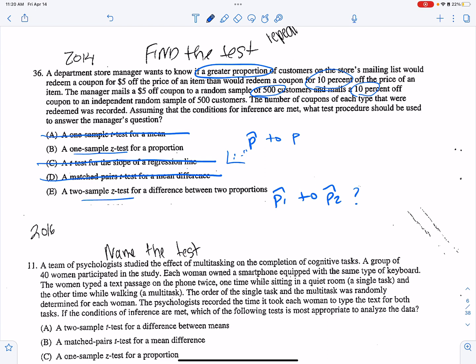Okay, so I'm trying to find out how much is different if they're going to be shopping since I have, this says, two separate aspects of 500 customers. The manager mails 500 customers to mail 10% off to an independent random samples. And that's the main thing right here, independent random sample. So I wasn't reading it well, that these actually are two separate sets of 500 customers. So that's where it's going to have me conclude it. Yes, I have two of them. Sorry. Should have read that a little better.